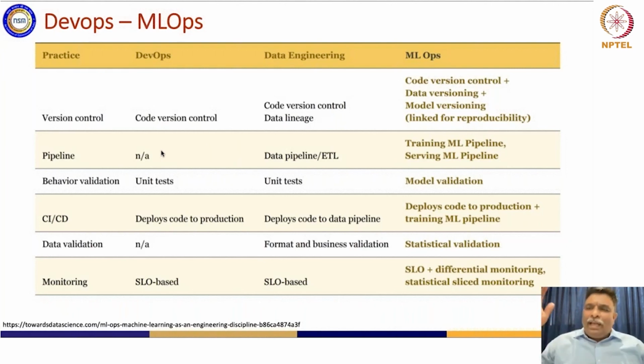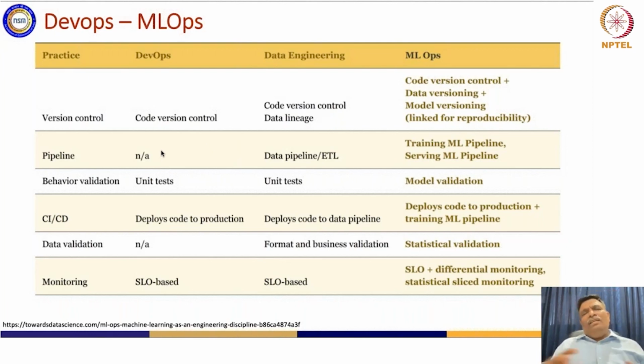But when you talk of data engineering, you surely had a data pipeline, the ETL. When you had this ETL and data pipeline in data engineering, MLOps was modified into a training ML pipeline and a serving ML pipeline. Then behavioral validations: you had unit tests, but in case of MLOps, obviously you will have model validations. And when you talk of CI/CD, it deploys code to production, deploys code to the data pipeline, deploys code to production plus the training ML pipeline.